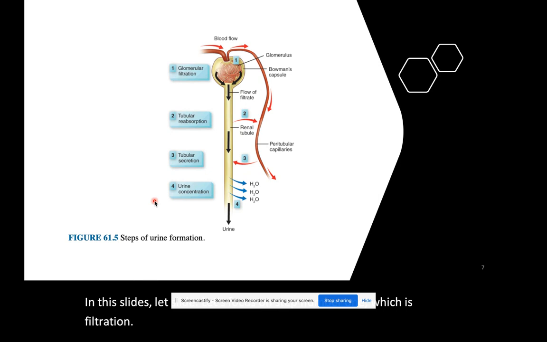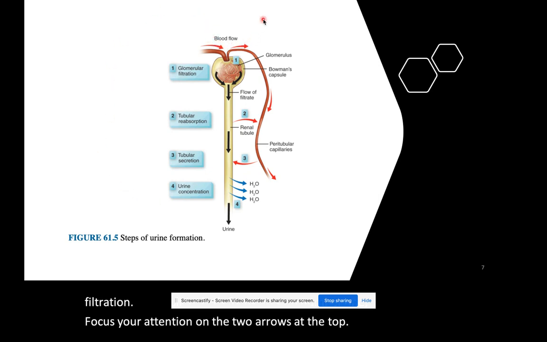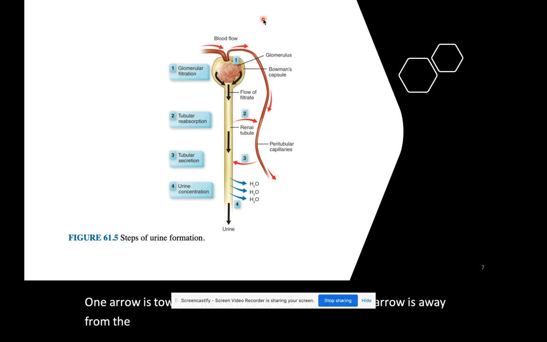Focus your attention on the two arrows at the top. One arrow is toward the glomerulus and the second arrow is away from the glomerulus. Below these arrows are the afferent arteriole and the efferent arteriole.